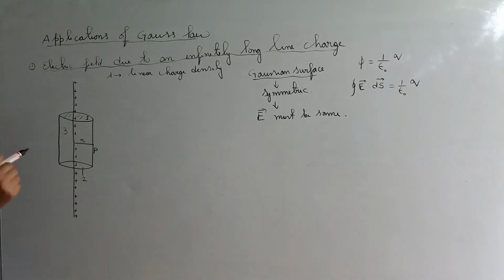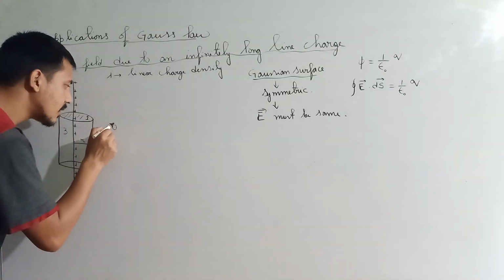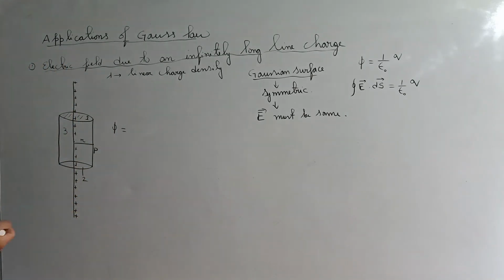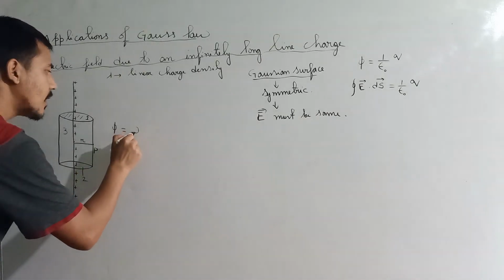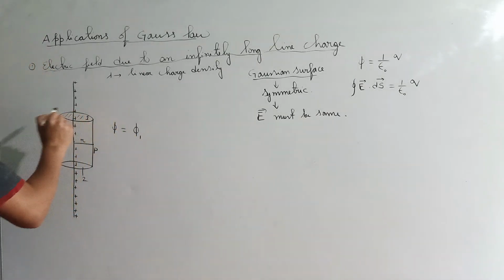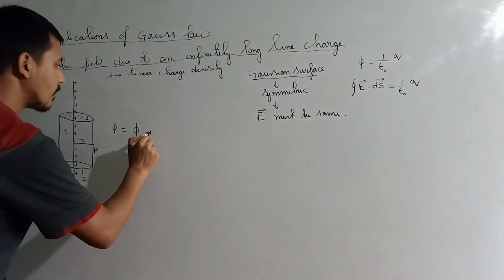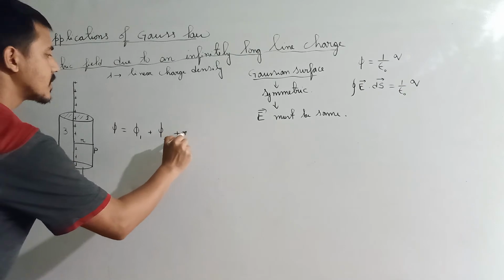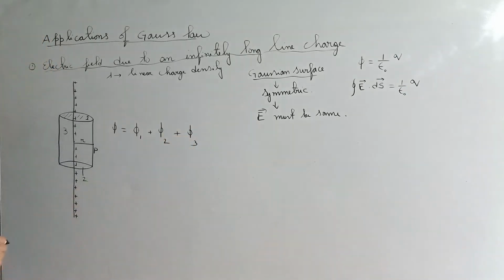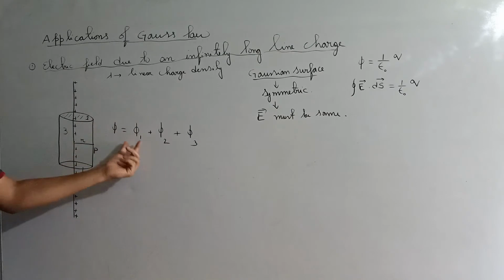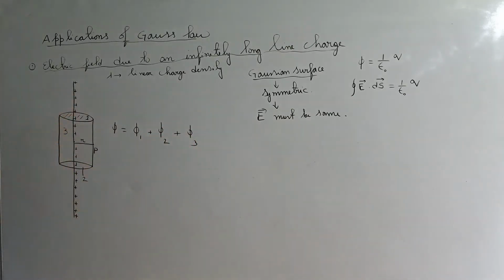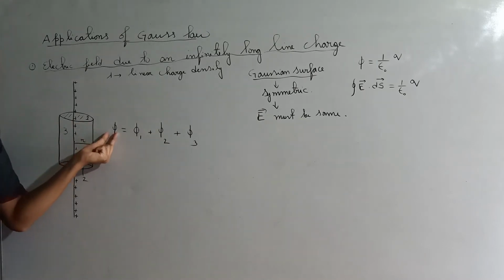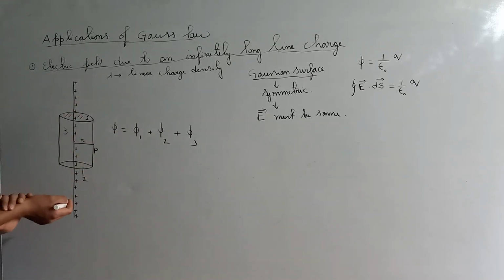The total electric flux over the entire Gaussian surface will be the sum of the electric flux at surface 1, plus surface 2, plus surface 3.